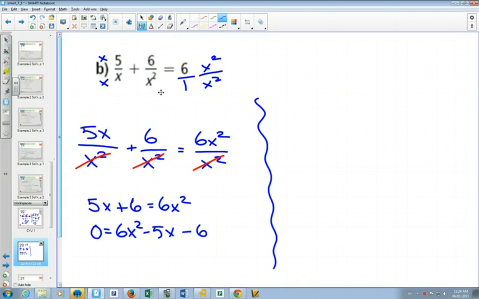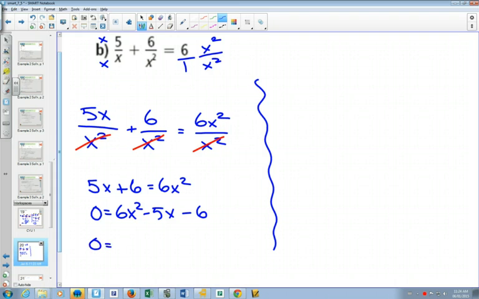This is a hard one to factor because the first number could be 1 and 6 or 2 and 3, and the last number could be 1 and 6 or 2 and 3. There's not that many things to check, but we could try. What should we start with, 1 and 6 or 2 and 3 as a check? 1 and 6?